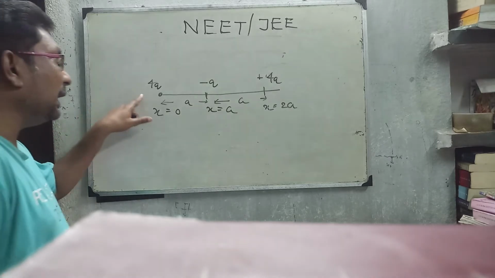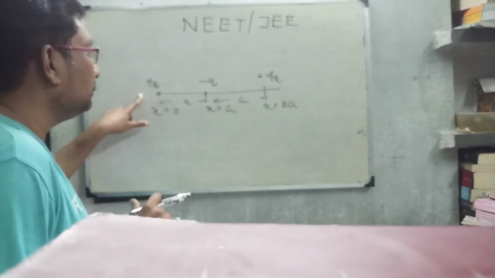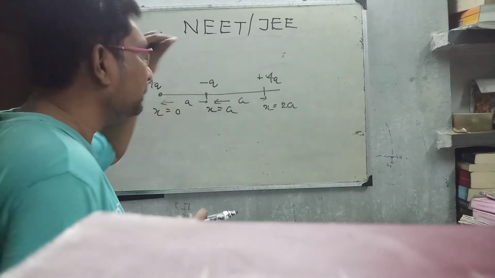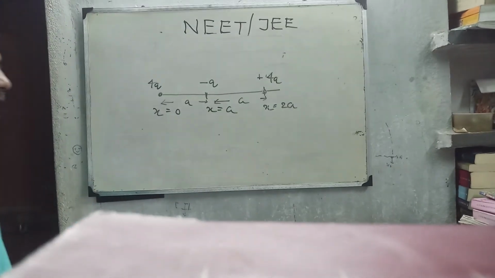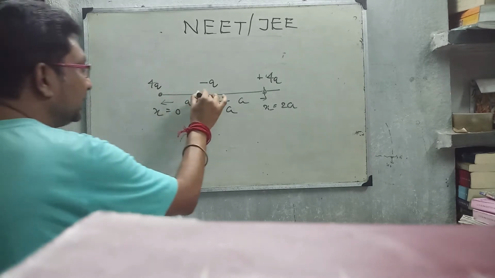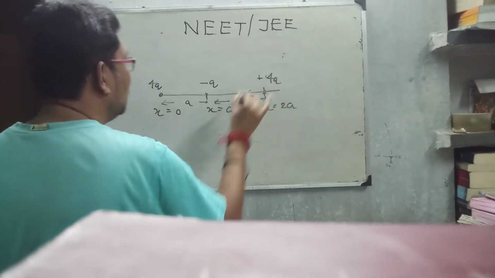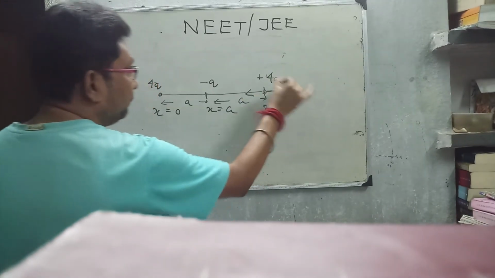To check the system's equilibrium, we have to check the equilibrium of any terminal charge, say the 4q charge. There are two forces on the 4q charge: the minus q charge applies an attractive force and the plus 4q charge applies a repulsive force.